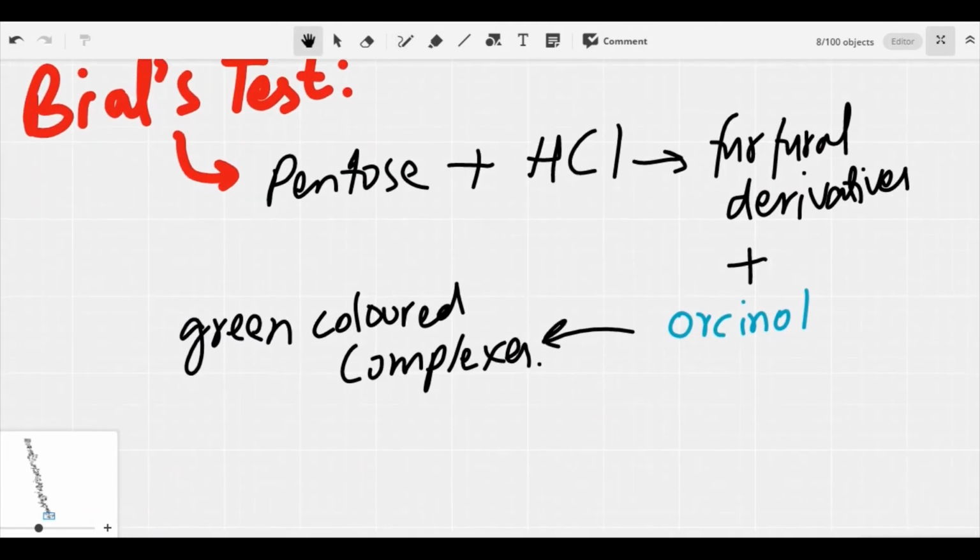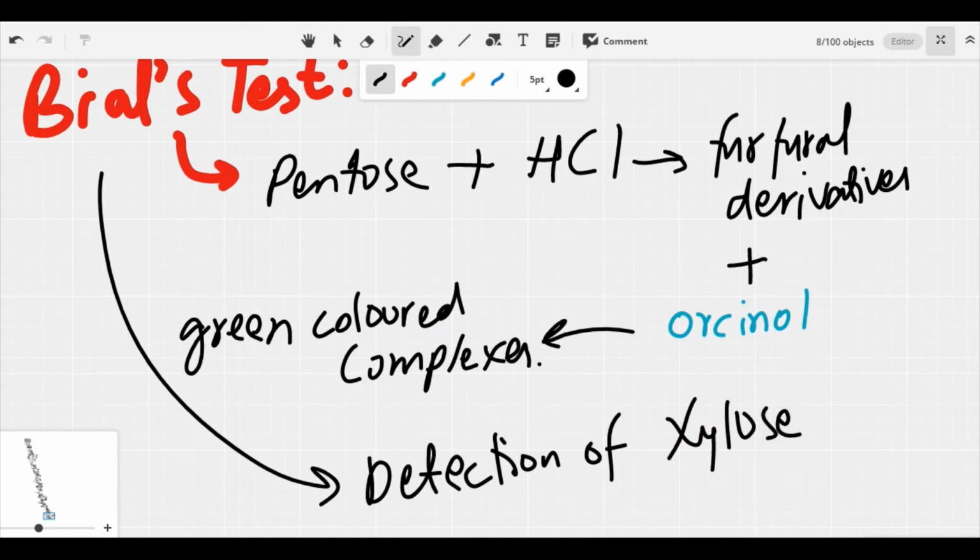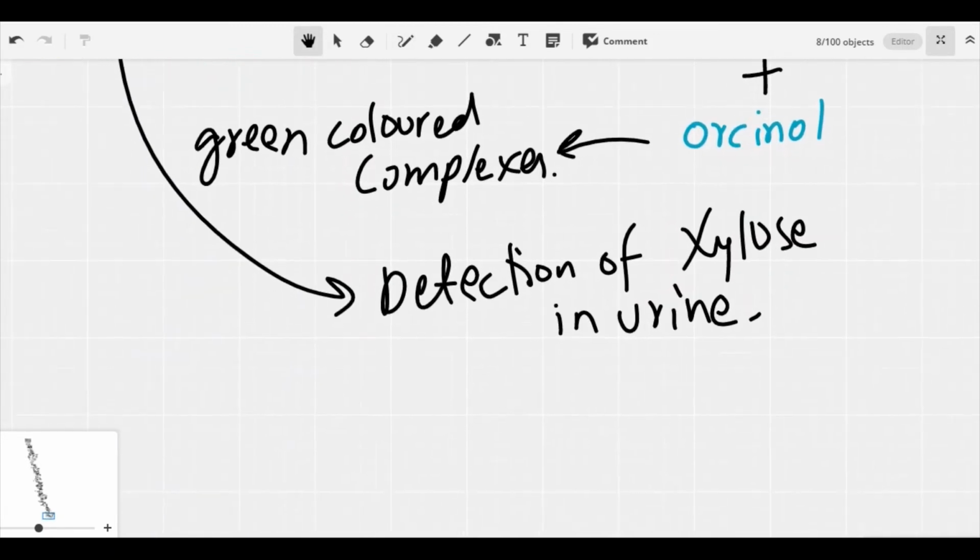So Bial's test is used for the detection of xylose in urine, so remember that.